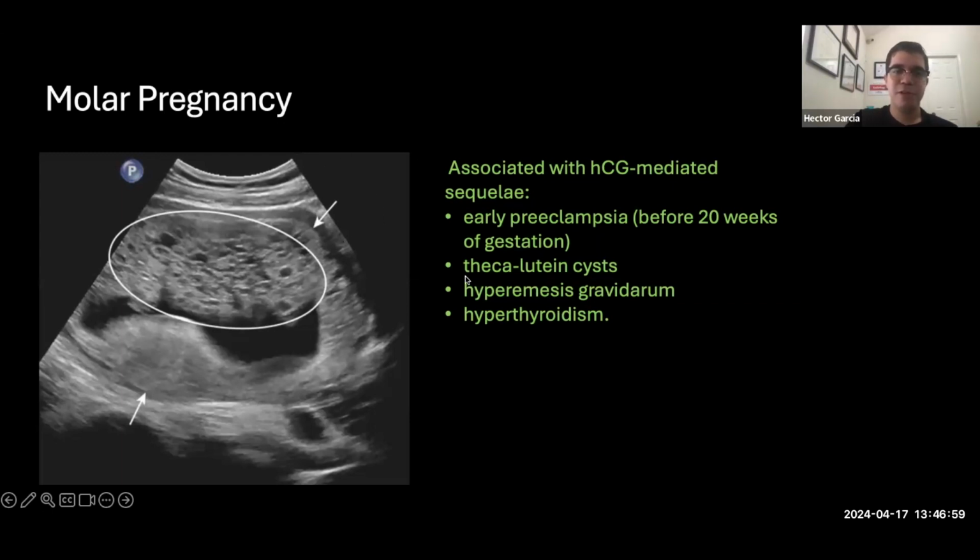Usually the presentation of molar pregnancy is a woman who is pregnant, but her uterus is way too big for her gestational age. And if you throw in the beta hCG greater than 100,000, and that she has nausea, vomiting with vital instabilities like hyperemesis gravidarum, with electrolyte abnormalities, that is a molar pregnancy.